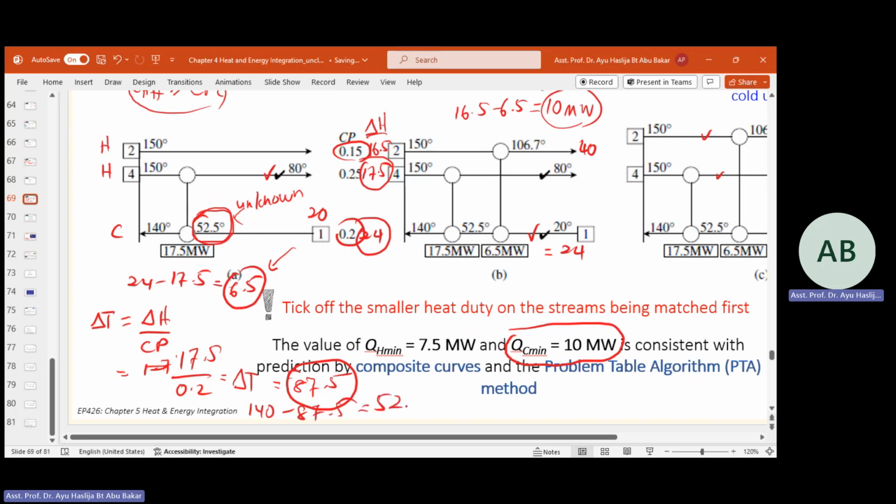Then you get the 52.5 degrees C. You can do the same once you transfer 6.5 over here, whether you get 20 or not. Okay, you can do your part.